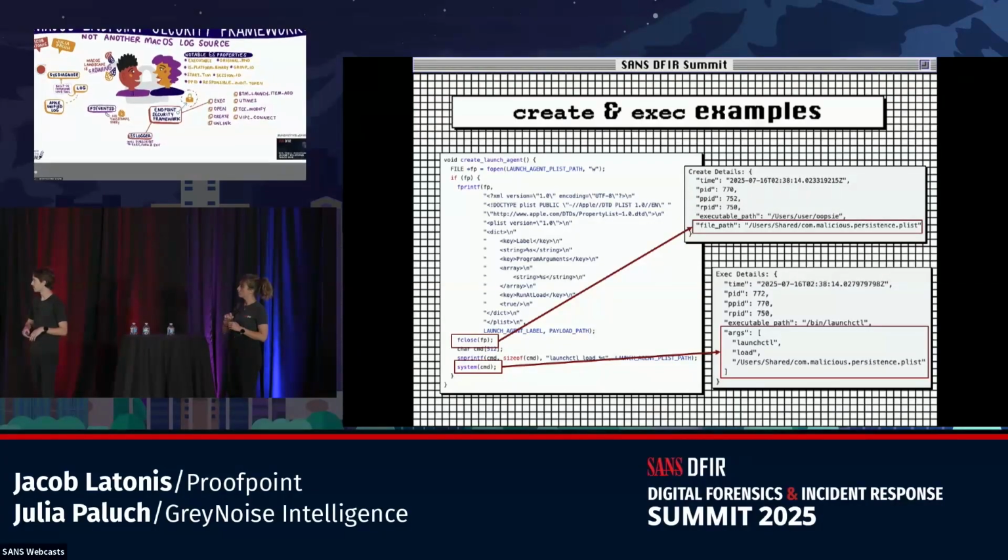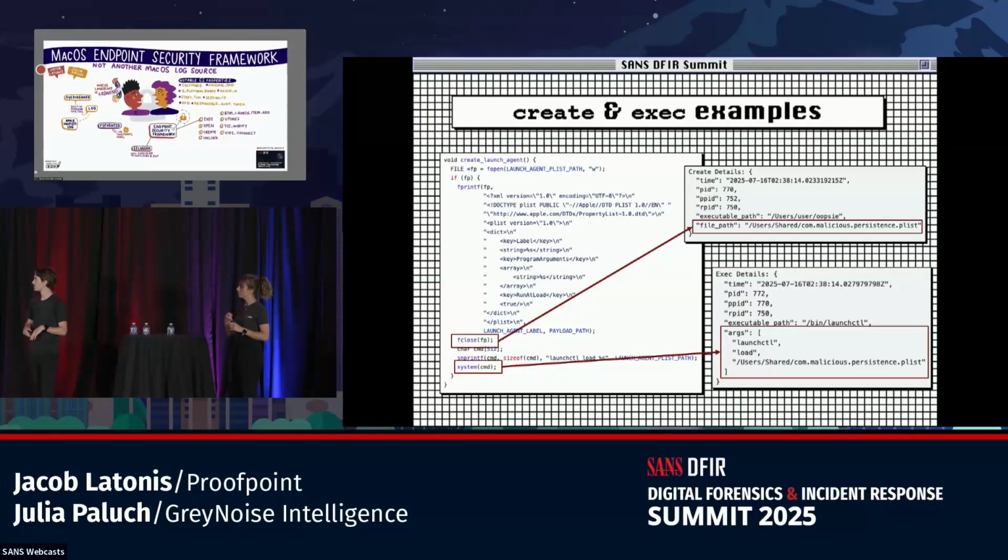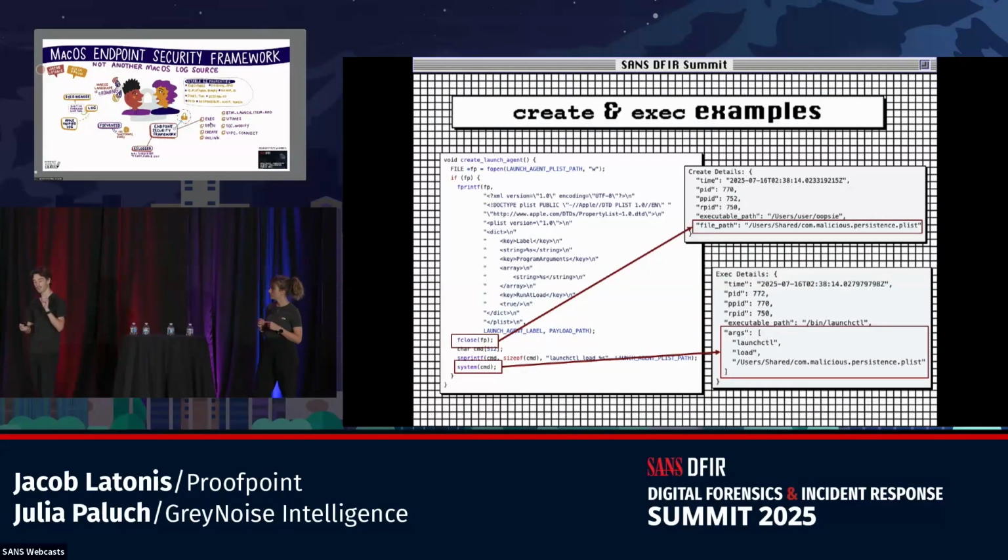And we have the create event in the top right, which has a timestamp, a PID, and a parent PID, which in this case is useful to us. It wasn't spawned through launchd. We have the RPID, like we mentioned before. And then we also have the executable path and the file path. The executable path would be from that process struct we showed earlier, the binary that caused this event to happen.